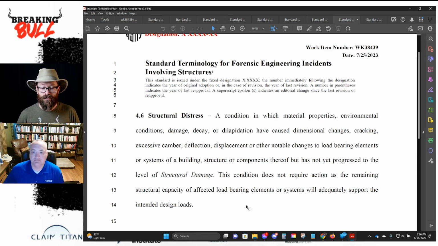This condition does not require action, as the remaining structural capacity of affected load-bearing elements or systems will adequately support the intended design loads. Repairs are not necessary.